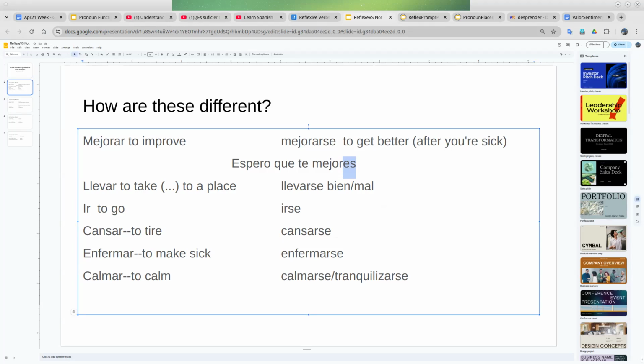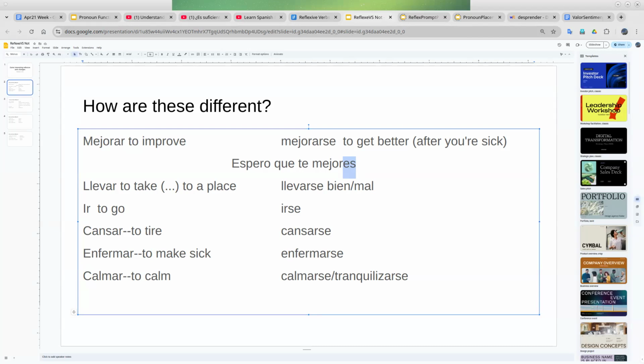El nuevo miembro del equipo mejora sus habilidades, en el béisbol, because somebody is improving their skills. Now, you could theoretically maybe say se mejora, he's getting better, just like in general.